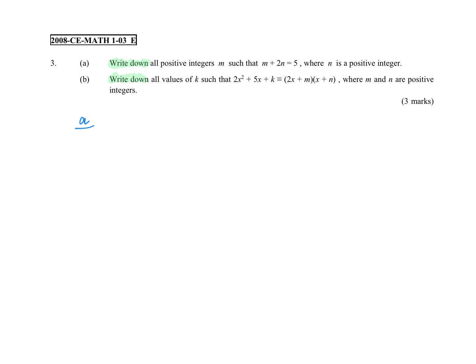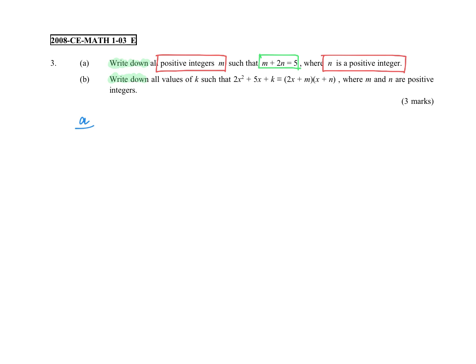So here for part A, write down all positive integers m. First of all, m is a positive integer, and n is also another positive integer, such that m plus 2n equals 5.